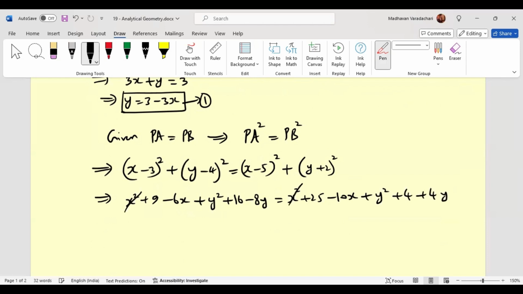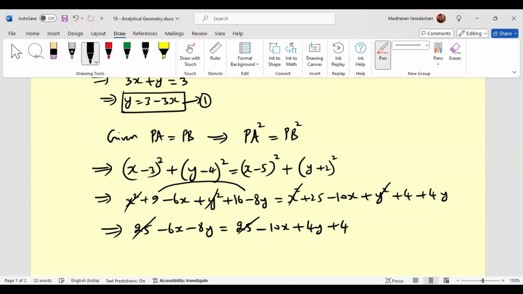Let us cancel x square on both sides, y square on both sides. Bring everything to left hand side. So that means first we will add these two. 25 minus 6x minus 8y is equal to 25 minus 10x plus 4y plus 4.